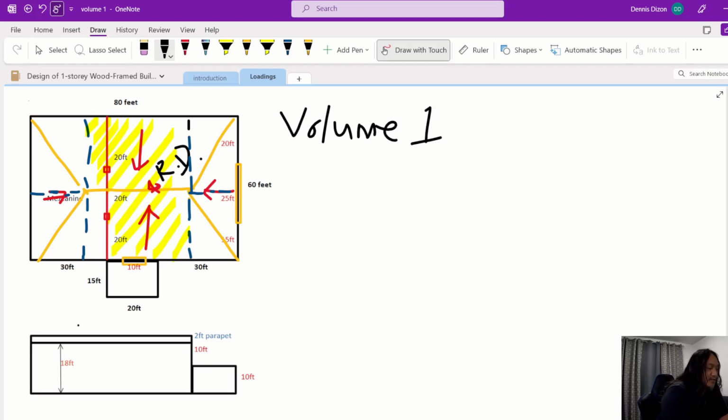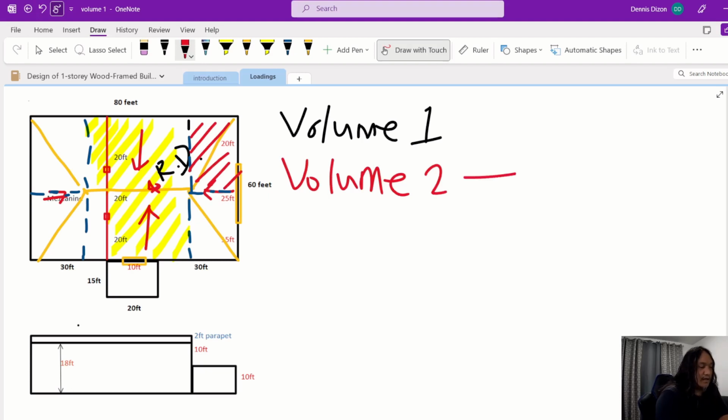And then next would be this volume here. So we will call that volume 2. But there are 4 of this area.